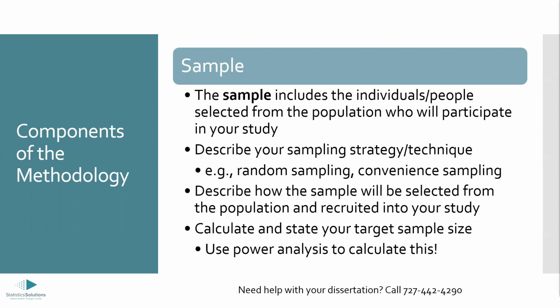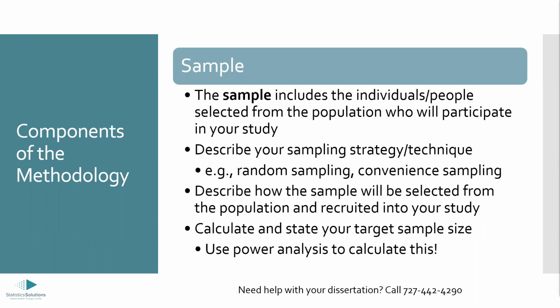But regardless of what type of sampling strategy you use, in your methodology chapter, you'll want to describe in great detail how the sample is going to be selected from the population and recruited into your study. So how are you going to select those teachers from the population? Are you going to just be going into local schools to ask teachers to participate? And if so, how are you going to do that?